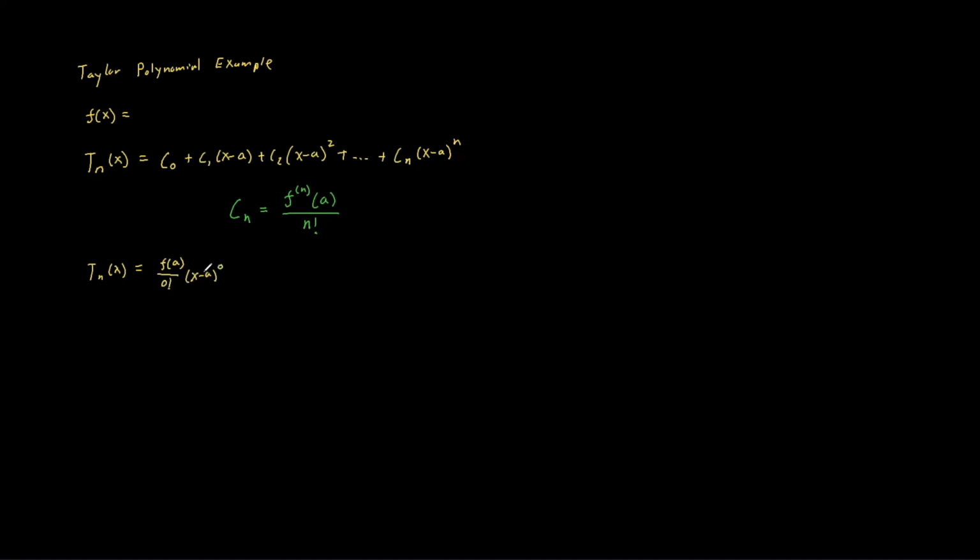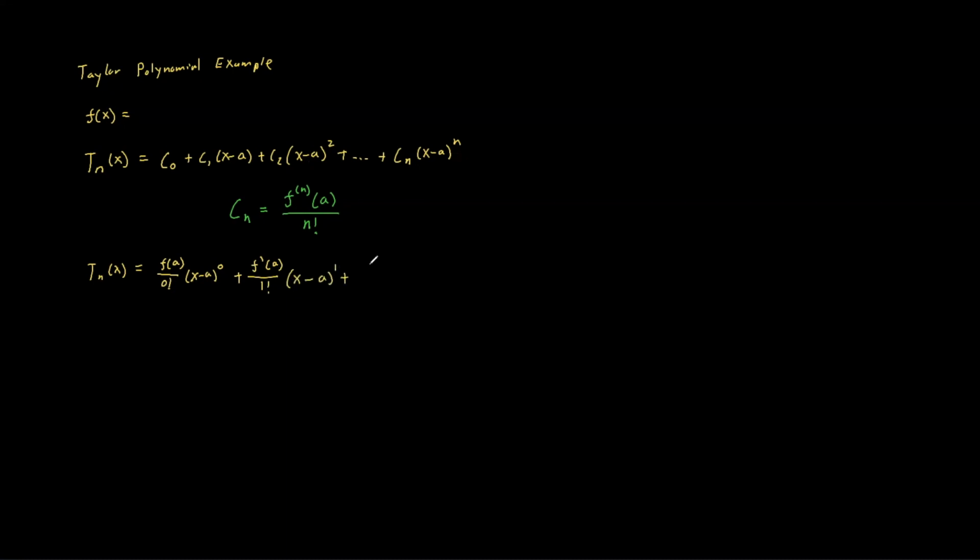We typically don't write this part because x minus a raised to the 0 power should be just 1, right? So we can have f prime evaluated at a divided by 1 factorial, multiplied by x minus a to the first power.